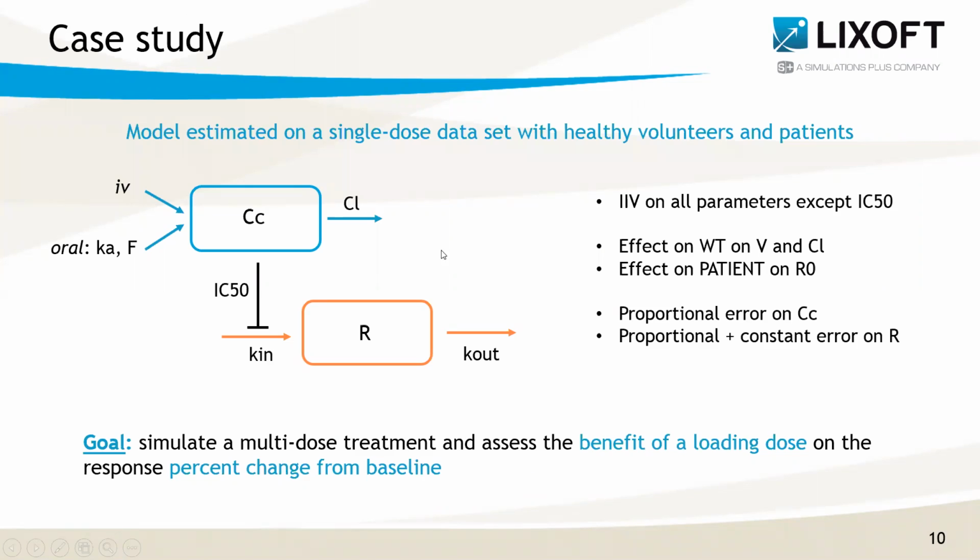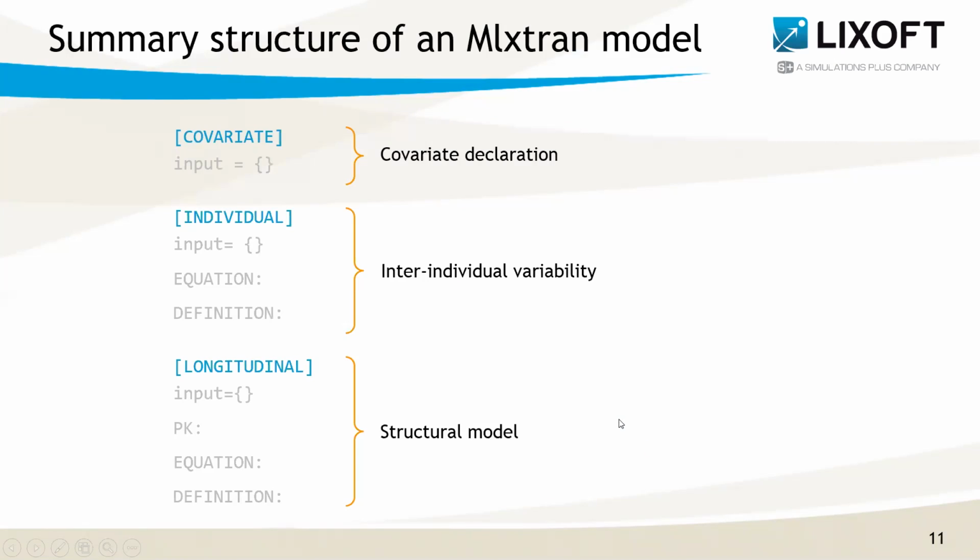To describe such a nonlinear mixed effect model in the mlxtran language, we're going to need different sections in the model. So we're going to have a section to declare the covariates, a section to define the inter-individual variability, and a section for the structural model.